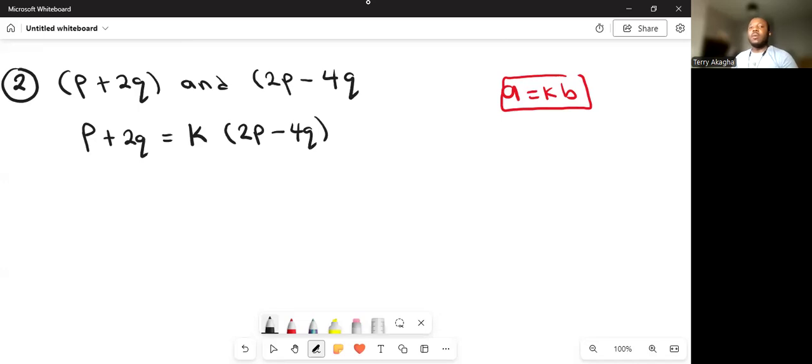So then we're going to open the bracket. So we're going to have P plus 2Q is equal to 2KP minus 4QK.